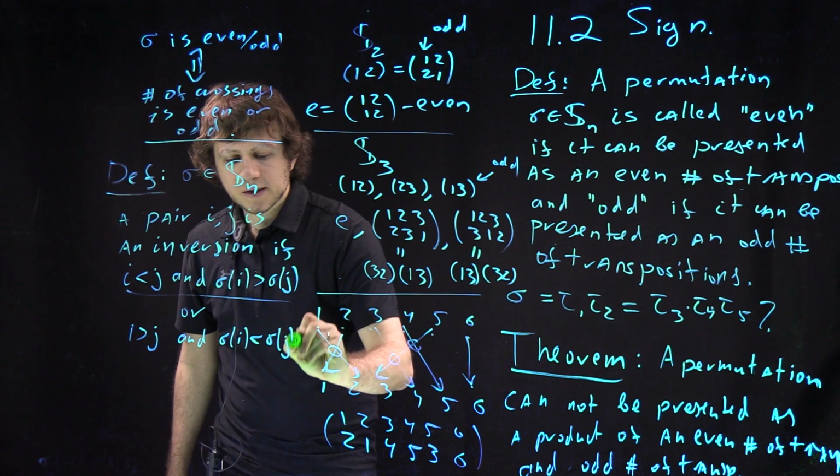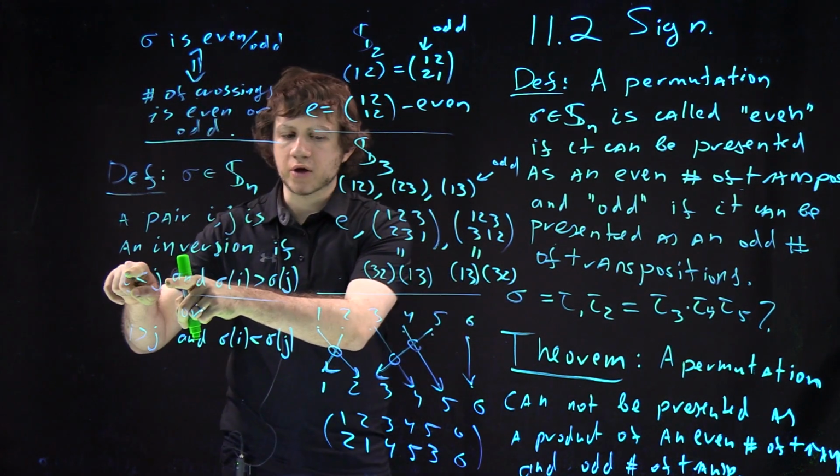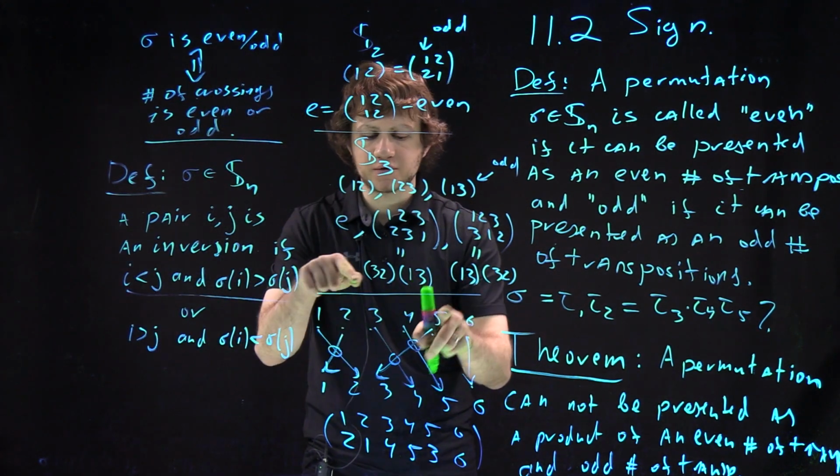So basically, this is when the ordering of your numbers here is different than after sigma.